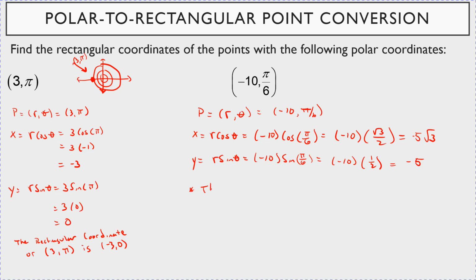So here you can see the rectangular coordinate of this point in polar, negative 10 comma pi over 6, is the point negative 5 square root of 3 comma negative 5. So just follow the formula. That's how you would simply convert it.